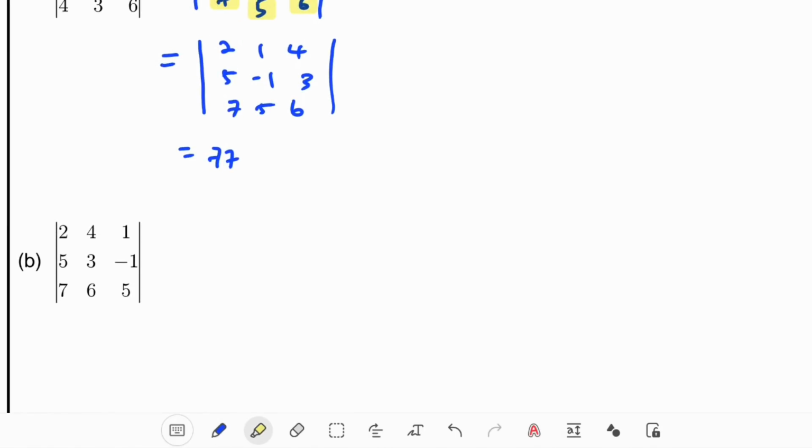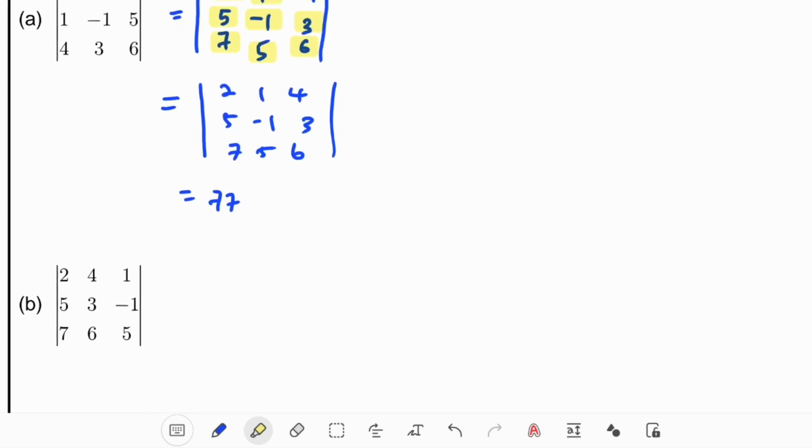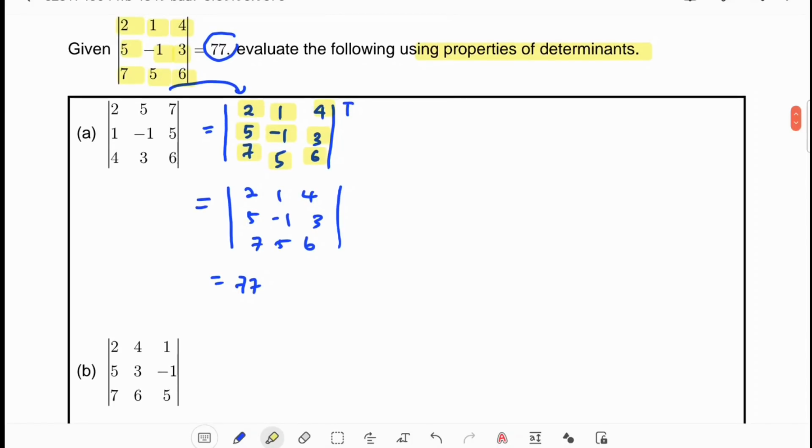Alright, so B. For B, you are given 2, 4, 1, 5, 3, -1, 7, 6, 5. If you go through all of these entries and compare with what is given in the question, you can notice the transformation that happened: there is an interchanging between the second column and the third column.